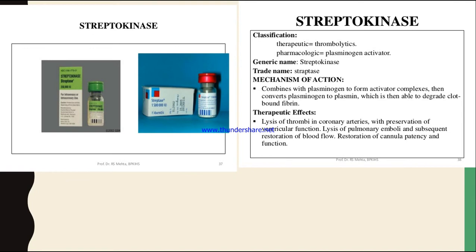The generic name is streptokinase, and the trade name is Streptase. The mechanism of action: it combines with plasminogen to form activator complexes, which convert plasminogen to plasmin, which is then able to degrade clot-bound fibrin. The therapeutic effects are destruction of thrombi in the coronary arteries with preservation of ventricular function, destruction of pulmonary emboli with restoration of blood flow, and restoration of cannula patency and function.